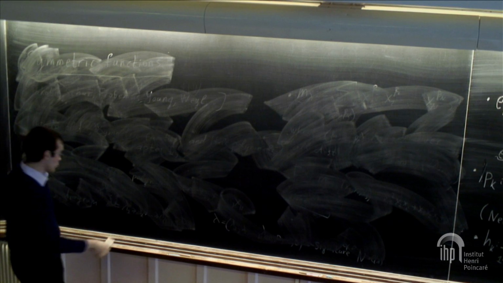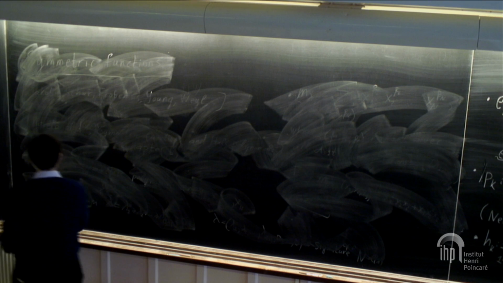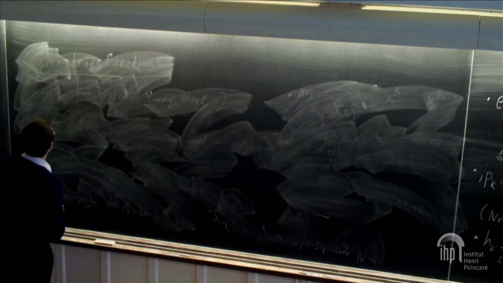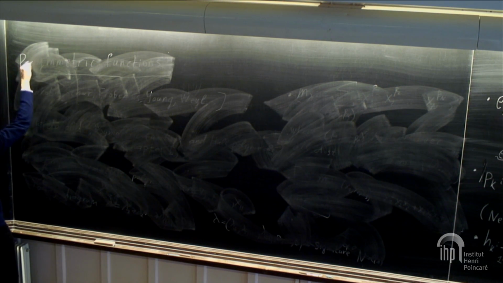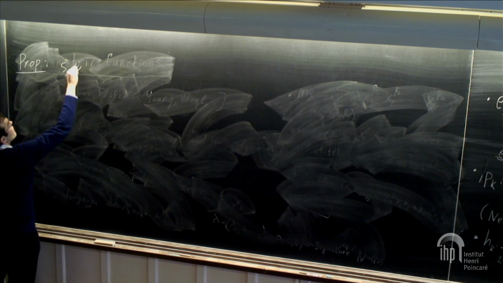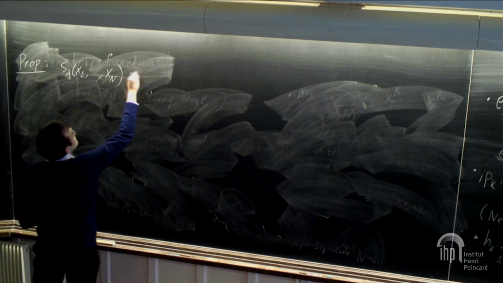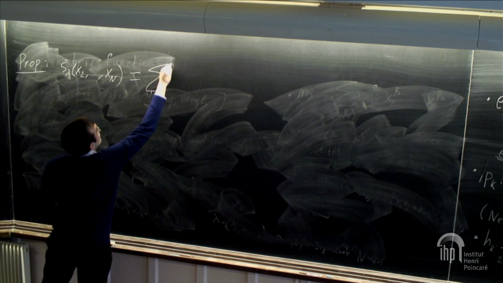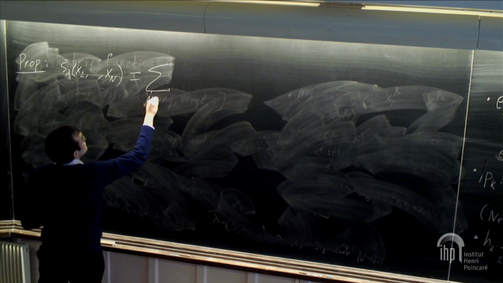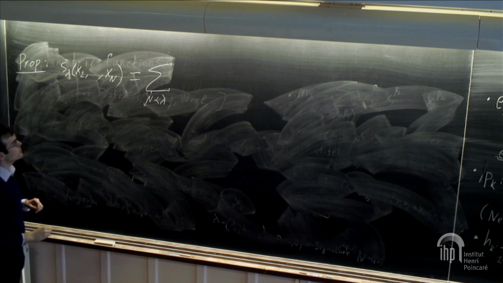So let us try to understand why we need these Schur polynomials, at least partially. Let us try to do something with this definition with determinants. It probably can be called a proposition, because I will try to prove it. The proposition is that a Schur polynomial in n variables can be written as a sum over signatures which interlace with lambda.